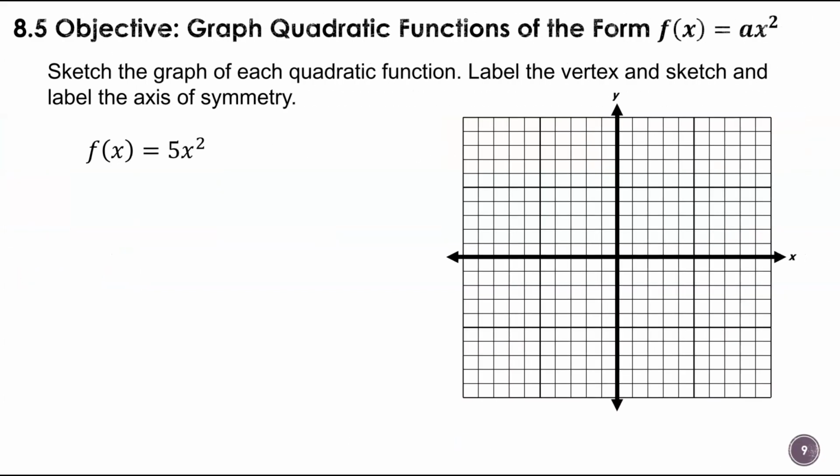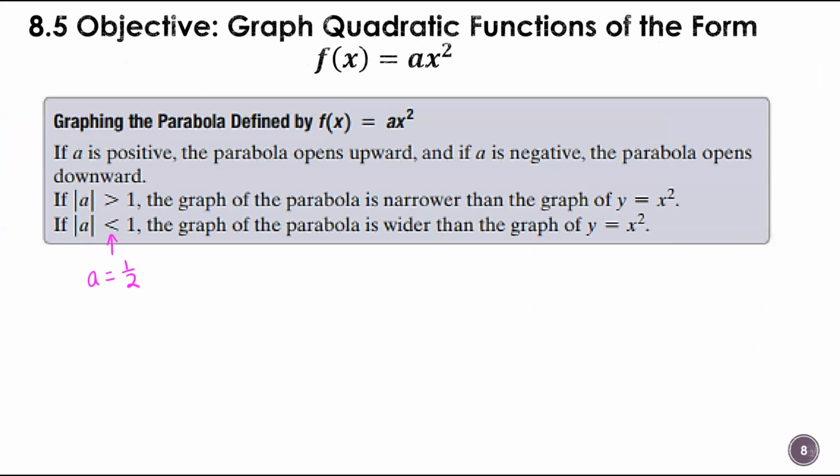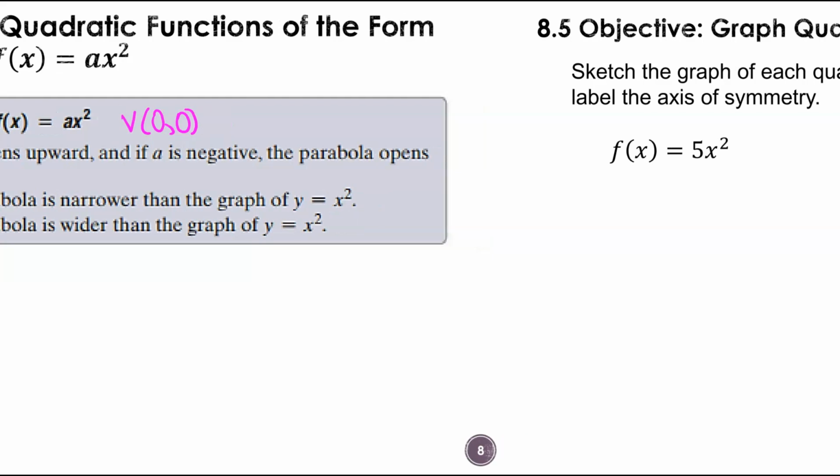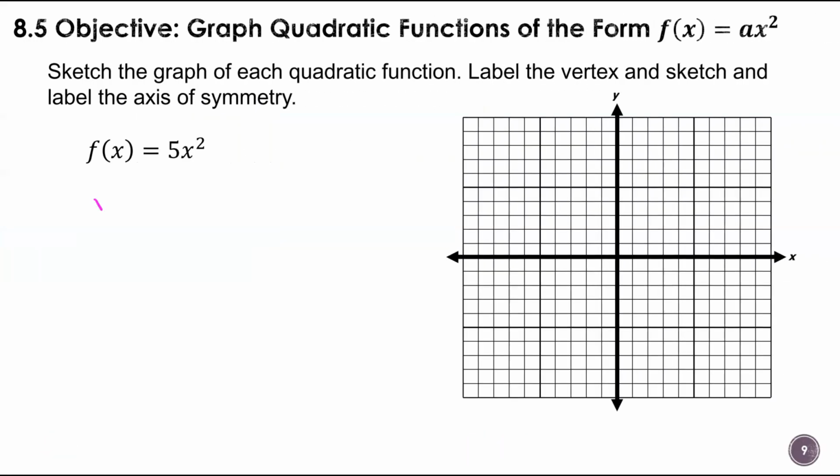All right, so let's take a look at this. We are going to compare f of x equals 5x squared. Oh, did I talk about the vertex here? On this graph, the vertex will be at 0, 0 every time because we don't have an h or a k, so that means 0 for both. So our vertex is at 0, 0. Of course, I just told you that. The axis of symmetry is going to go through the x coordinate of the vertex, so it is going to be axis of symmetry at x equals 0.